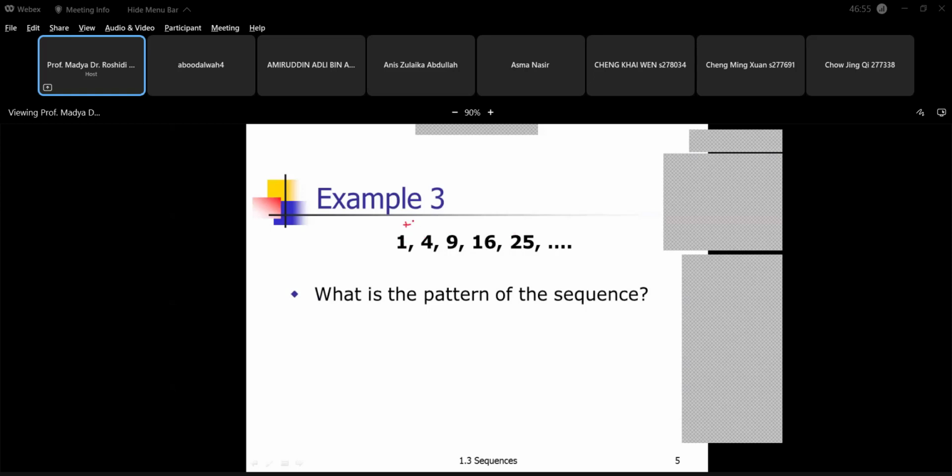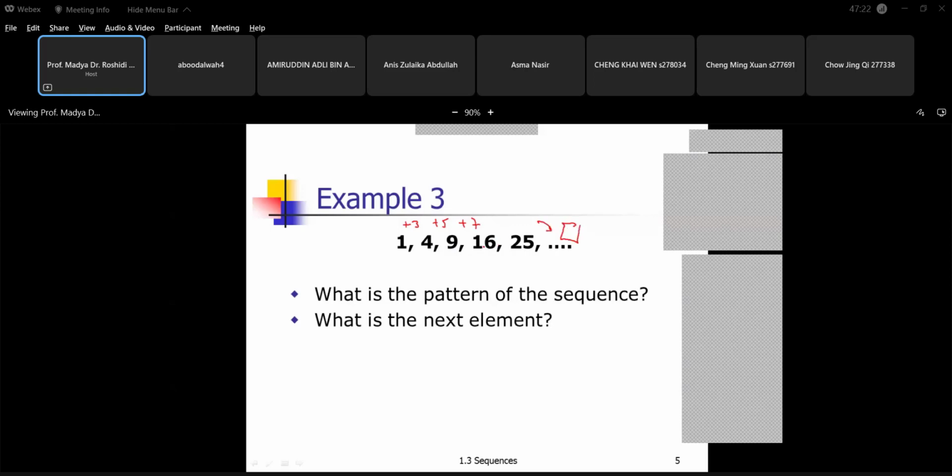From here to here plus 3, from here to here plus 5. But this is not exactly the pattern. The pattern is ascending, but not in a fixed order. Here 9 to 16 plus 7. So how do we know this kind of pattern? And the second idea is, what is the next value here?